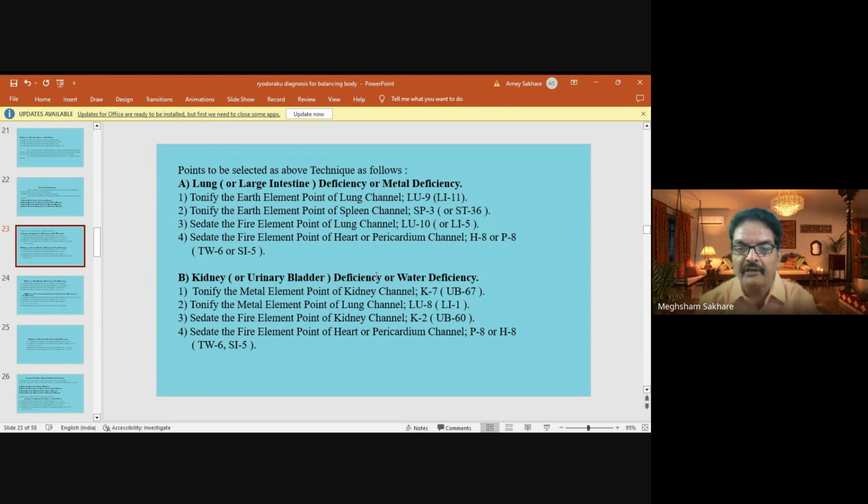Kidney deficiency or water deficiency. Tonify the metal element point of the kidney channel K7 or UB67. Tonify the metal element point of the lung channel, that is lung 8 or LI1.